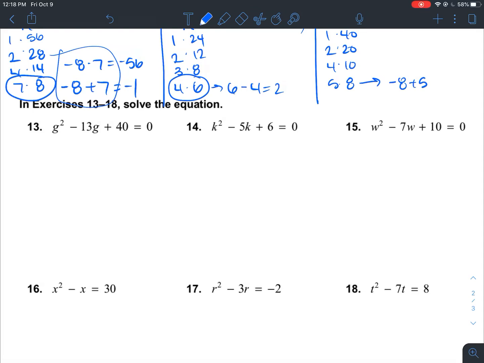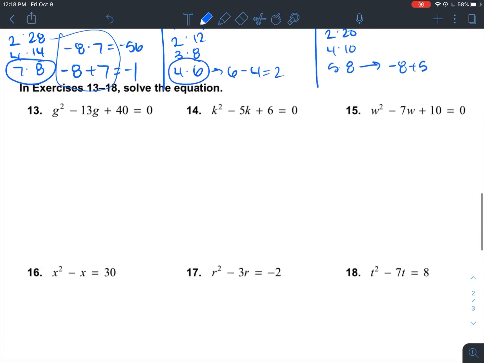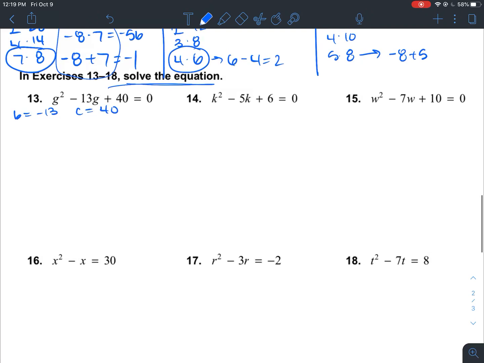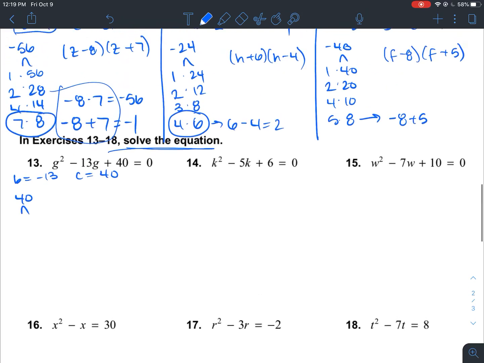Okay, now for 13, the only difference here is that we're going to be solving the equation, because you see that we have an equation where the polynomial is equal to 0. So factor first, then solve the equation. So b is equal to negative 13, c is equal to 40. So if I take 40 and list the factors, it's 1 times 40, 2 times 20, 4 times 10, 5 times 8.